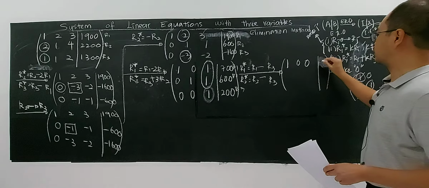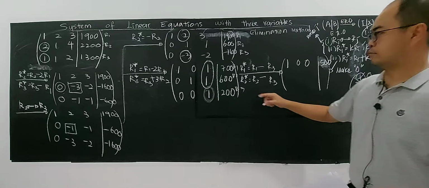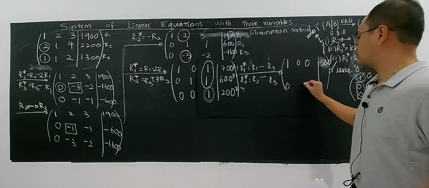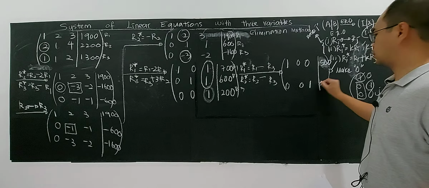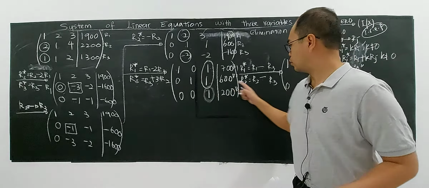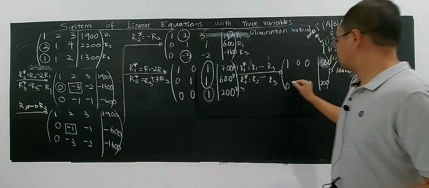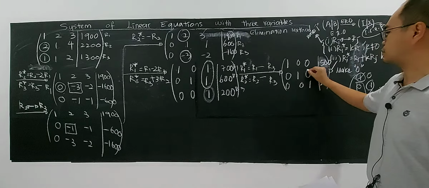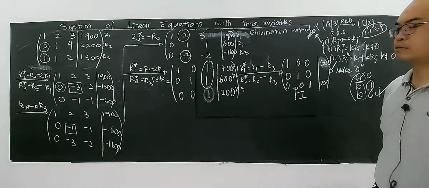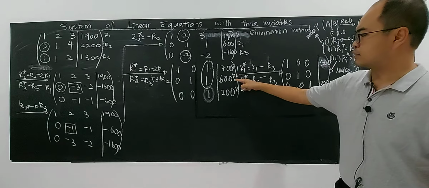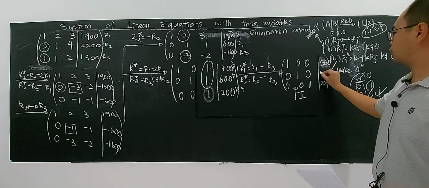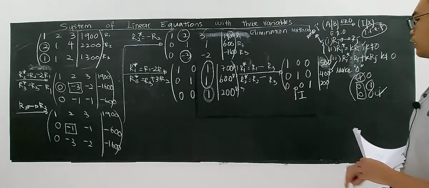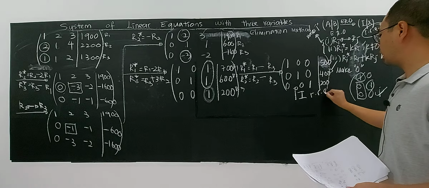Sorry, 500. Now row 3 is not modified. Now row 2 minus row 3: 0, 0, 0, 1 minus 0, 1, 1 minus 1. Yes, finally you have reached identity. And you take 600 minus 200, so you have 400. So you have 500, 400 and 200. Now this is already a reduced row echelon form.